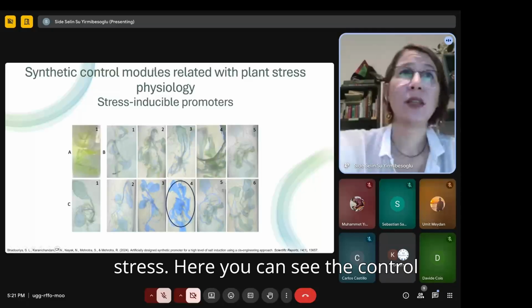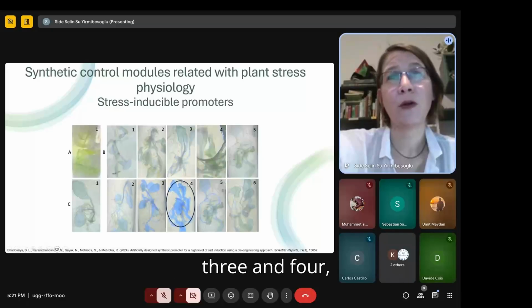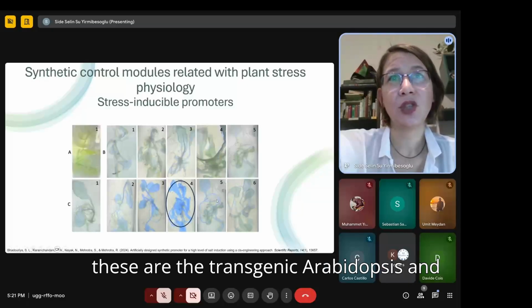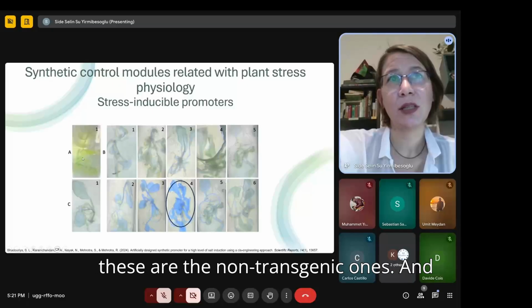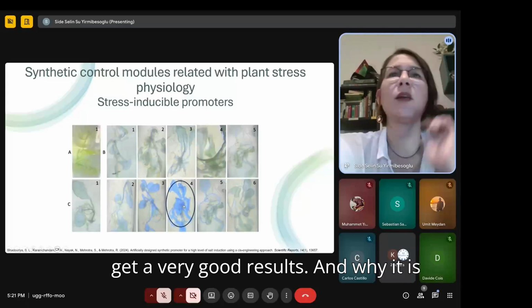Here you can see the control group, and here you can see the 150 millimolar sodium chloride application. These are the transgenic Arabidopsis, and these are the non-transgenic ones. And you can see that they got very good results.